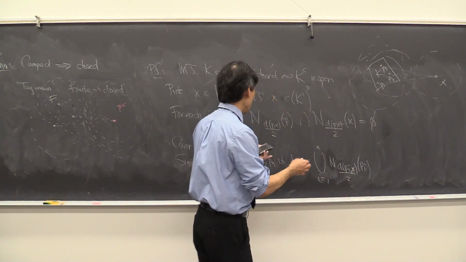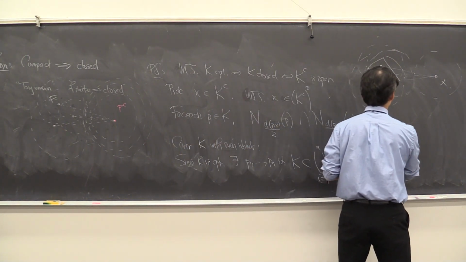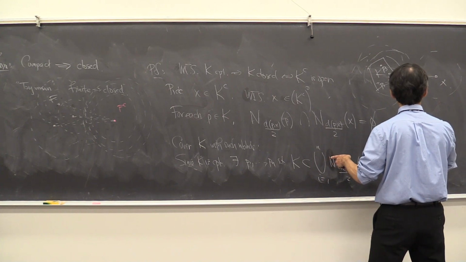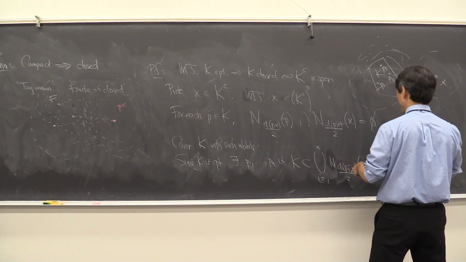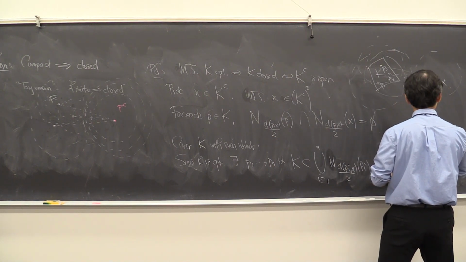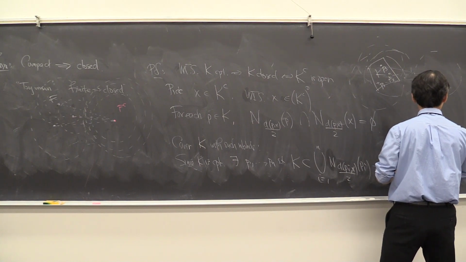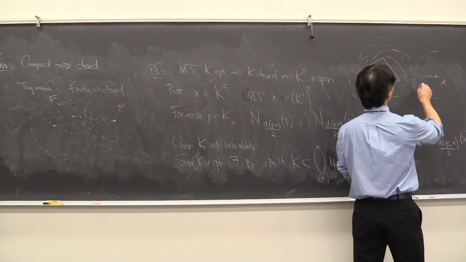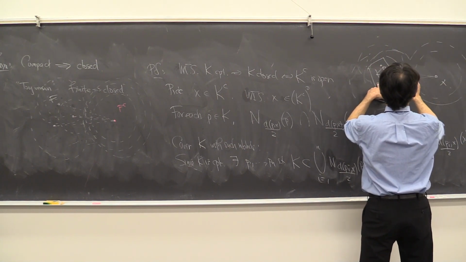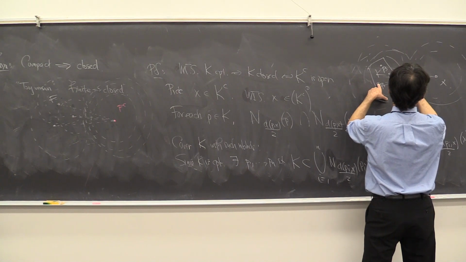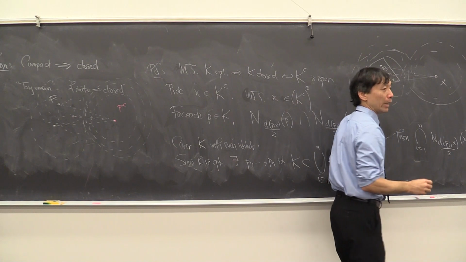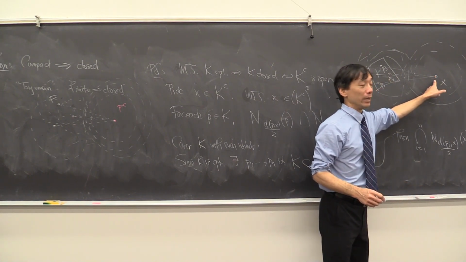Just take the intersection of the neighborhoods around X. Each of these has a corresponding neighborhood around X. Just intersect them, and you'll get the smallest one.